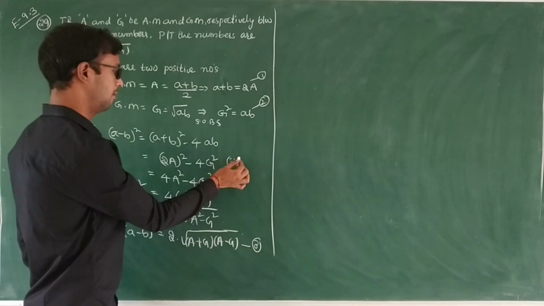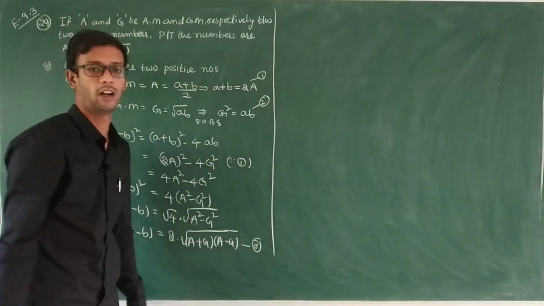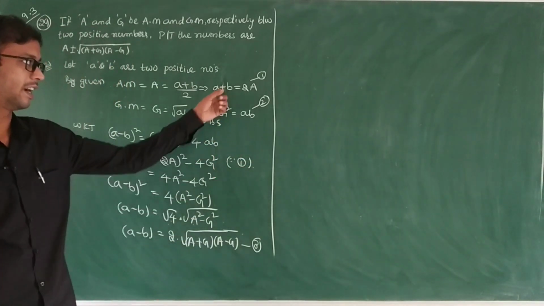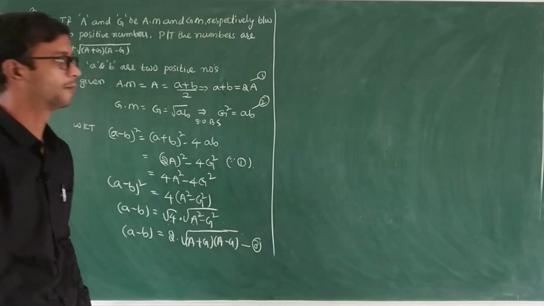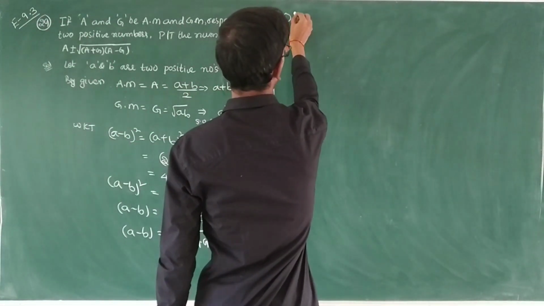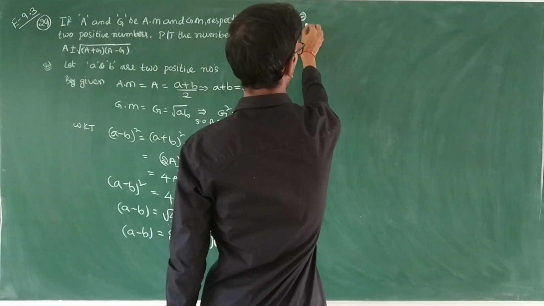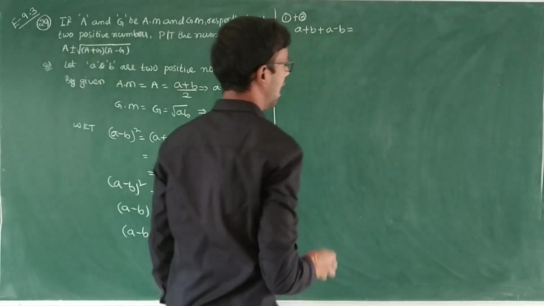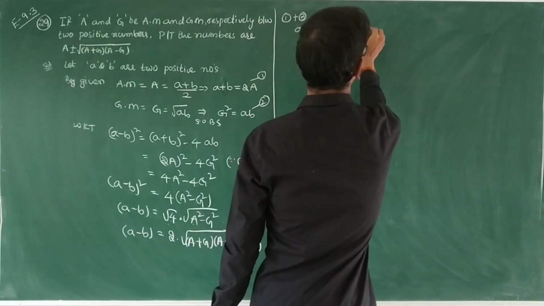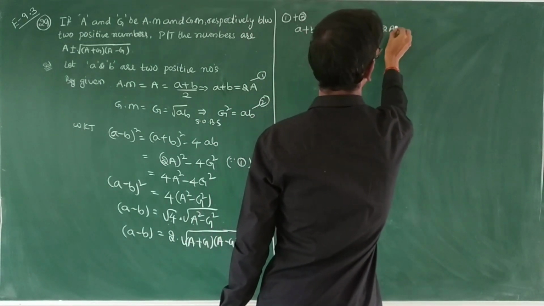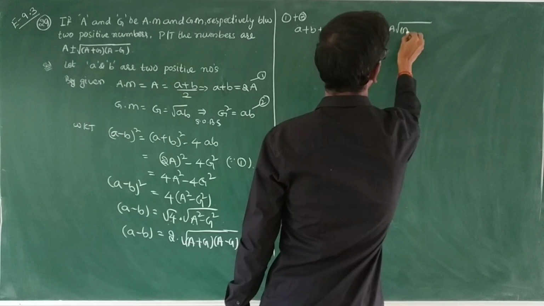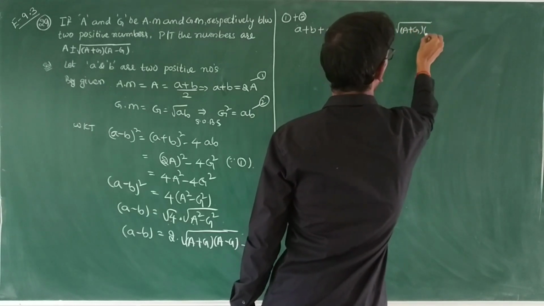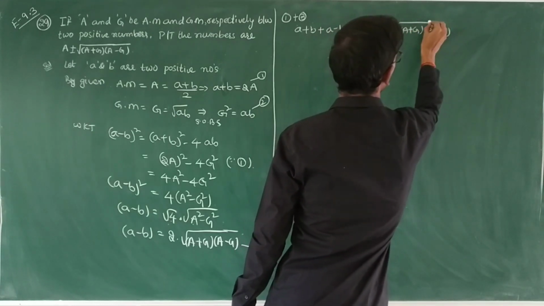Here, from 1, now I will make the addition of 1 and 3. Left side a plus b plus a minus b, and right side 2A plus 2 square root of A plus G into A minus G.